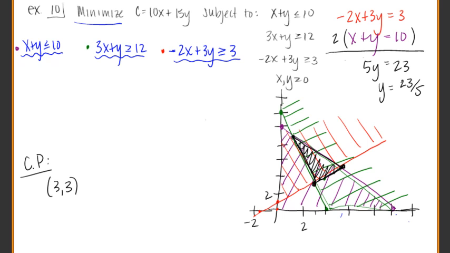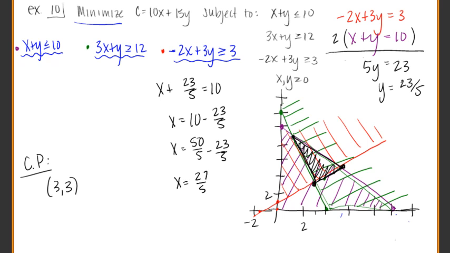I'm going to go to the purple one to plug in the next part. So it says my x value plus that y value of 23/5 has got to equal 10. So x is really 10 minus 23/5. Okay, so that's 50 over 5 minus 23 over 5. So x is 27/5.